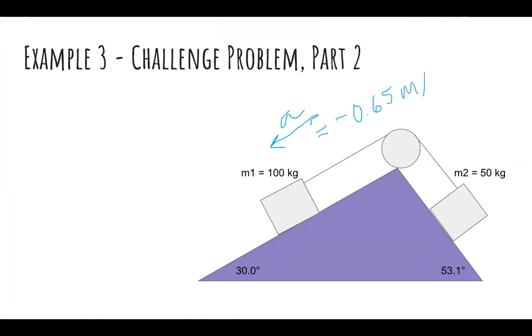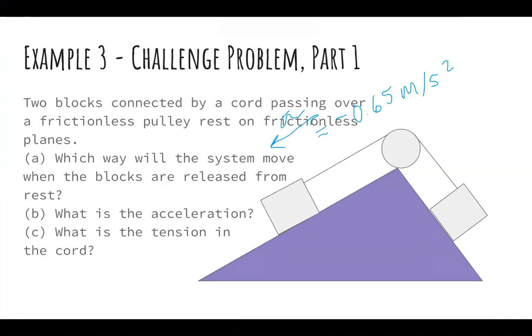Right, and that's our answer for part B. Technically the negative applies to the direction, so our actual answer for part B would just be 0.65 meters per second squared. And part A would be our answer for the direction. Just say that it moves to the left. So that would be 0.65. Part C.